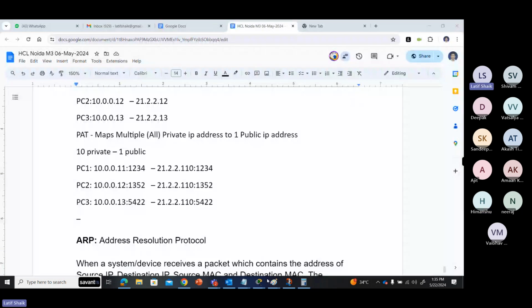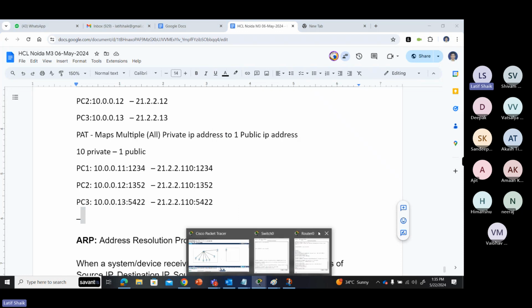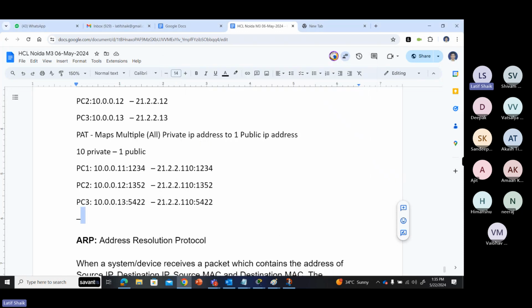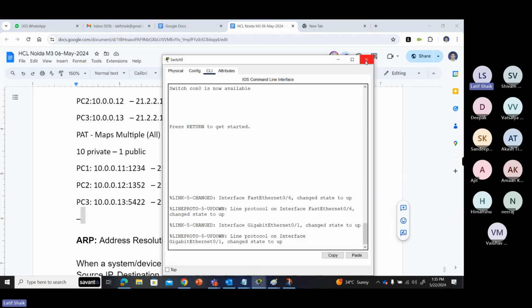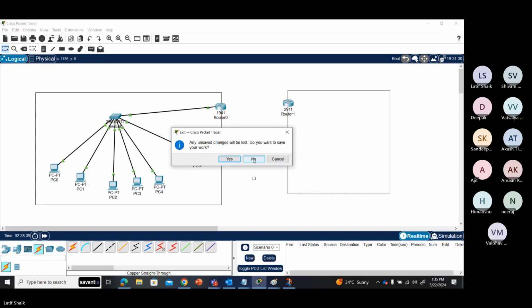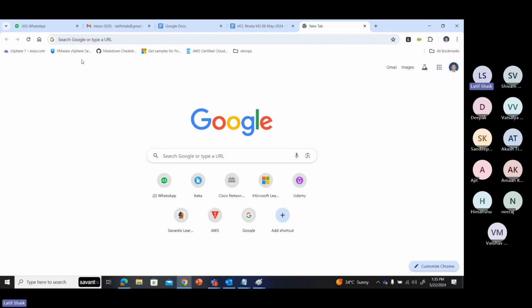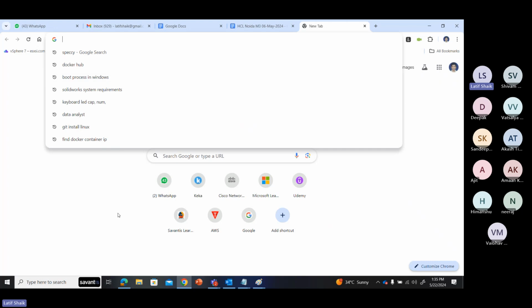Okay. So NAT and PAT. When you try, first check your private IP address. Go to command prompt, type ipconfig, then note down your IP address and go to google.com. Go to the browser and type what is my IP.